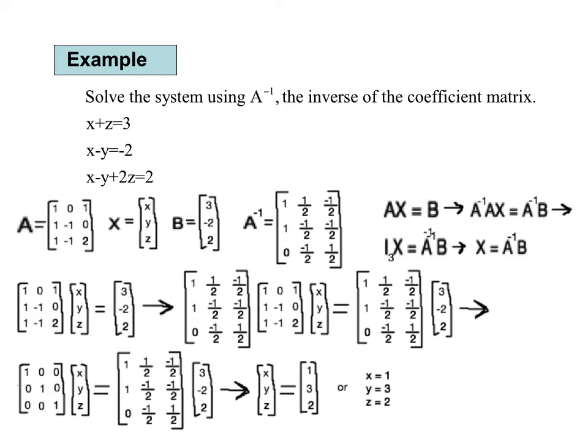Okay? Then, by performing the previous procedure to find A inverse, we find A inverse to be 1, 1 half, negative 1 half, 1, negative 1 half, negative 1 half, 0, negative 1 half, and 1 half. Then we perform the previous multiplication on the former slide.